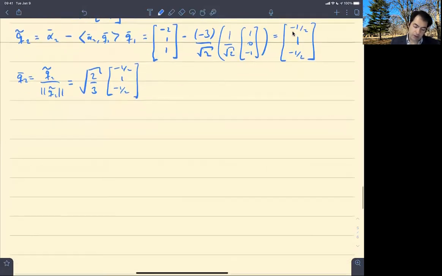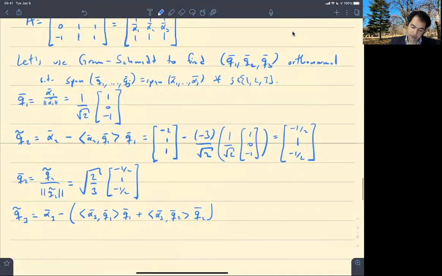Having found Q1 and Q2, we find Q3 in 2 steps. Q3 tilde is going to be alpha 3 minus alpha 3 with Q1 times Q1, and then alpha 3 with Q2 times Q2.